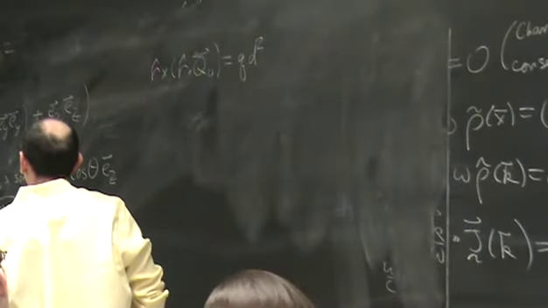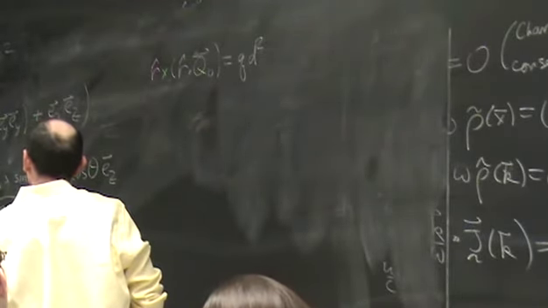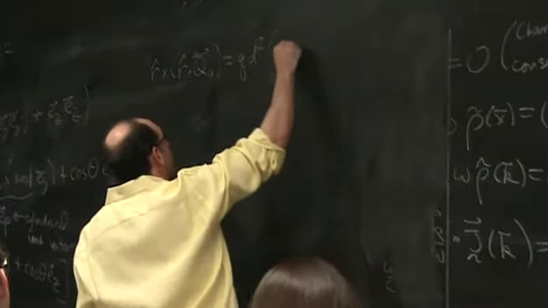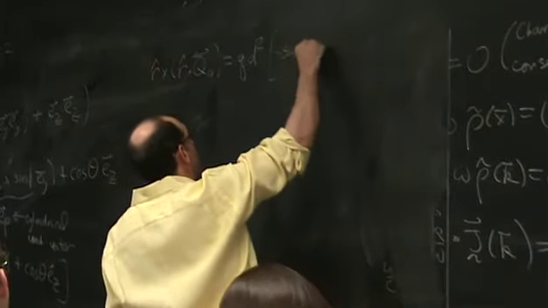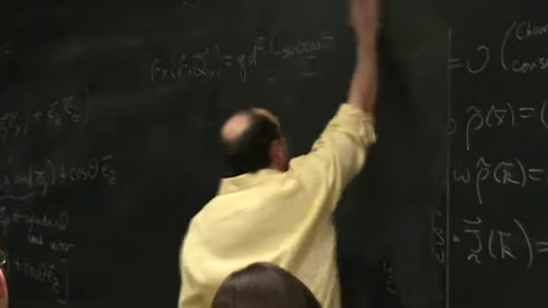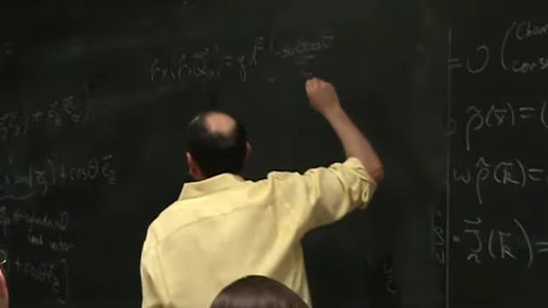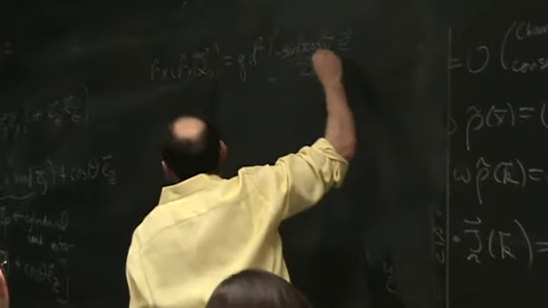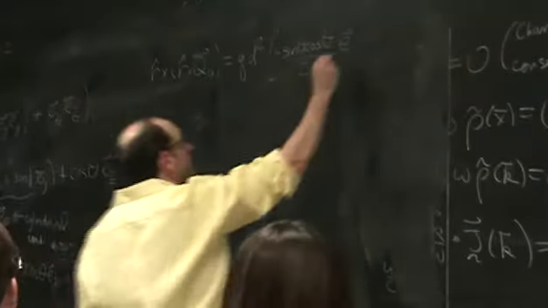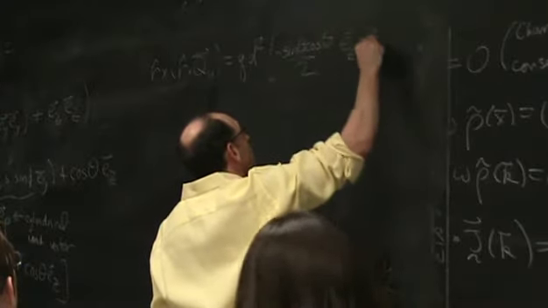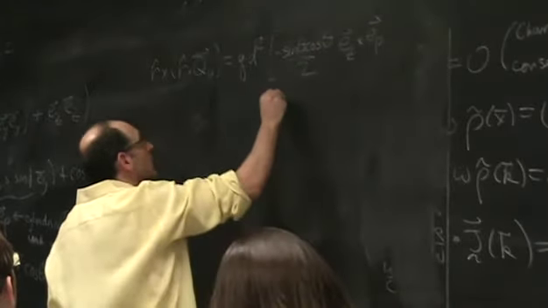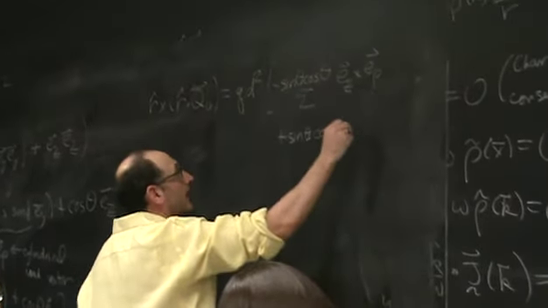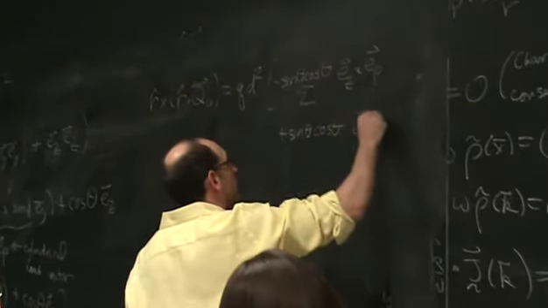times minus sine theta cos phi over 2 EZ crossed into E rho plus sine theta cos phi EZ.